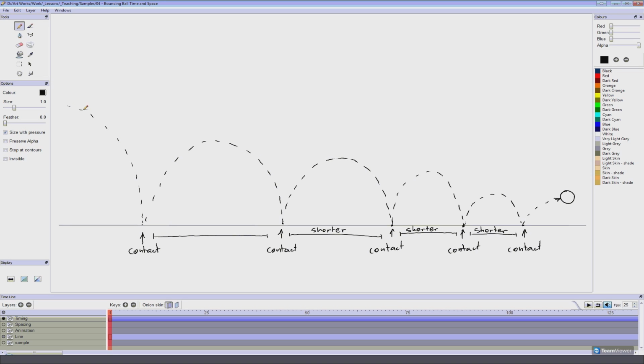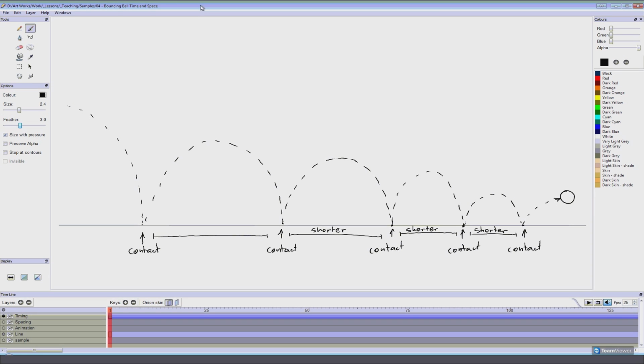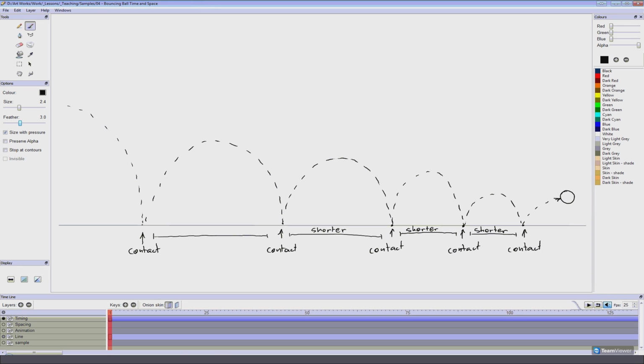You see, I have a ball that is bouncing, bounce, bounce, bounce, and each time it has a contact, contact, contact, and it becomes shorter and shorter. So this would be my timing.